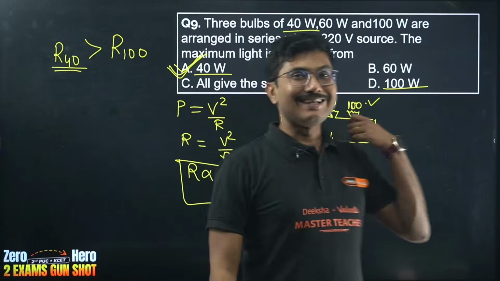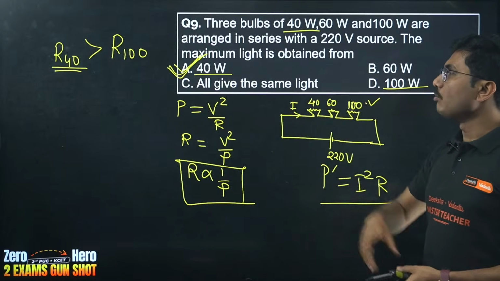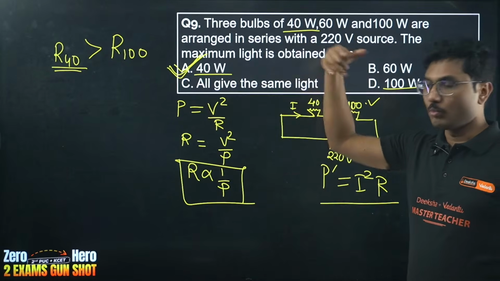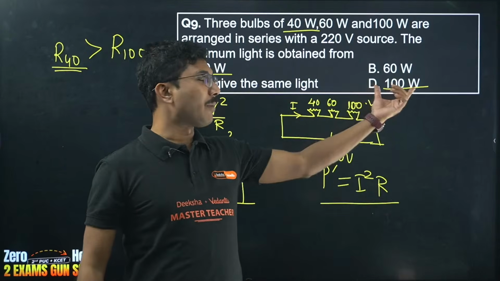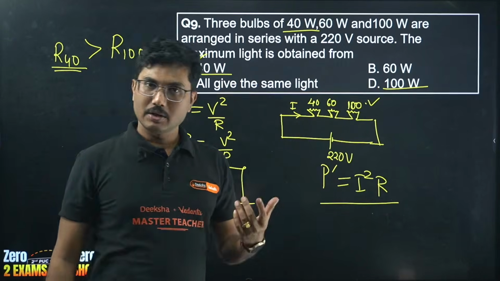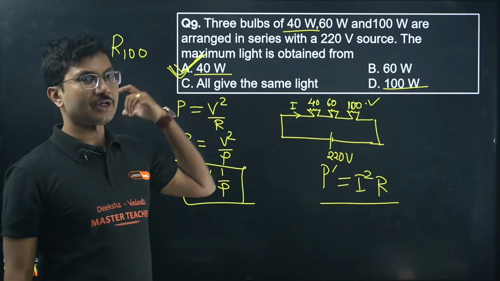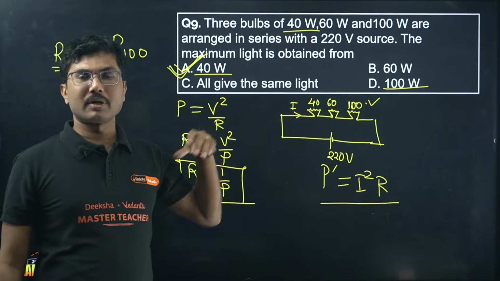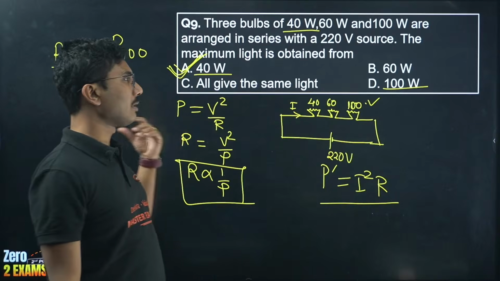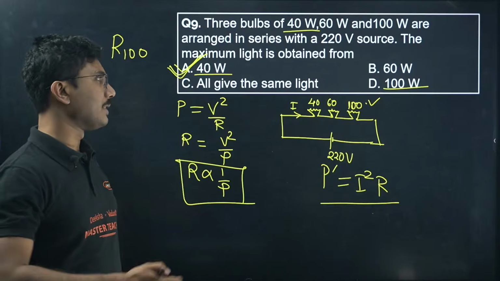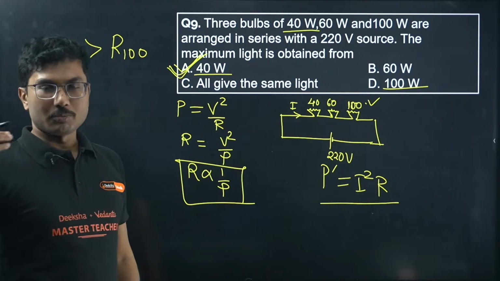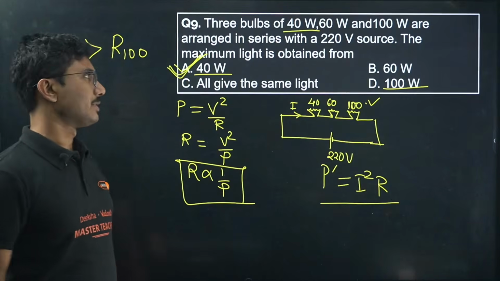So remember, in series combination, a small value of power will give you more brightness. In parallel combination, a high value of power will give you more brightness. Remember this: series smallest, parallel highest.